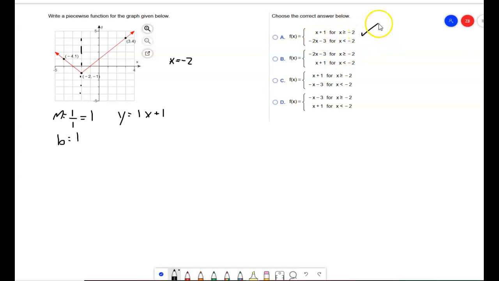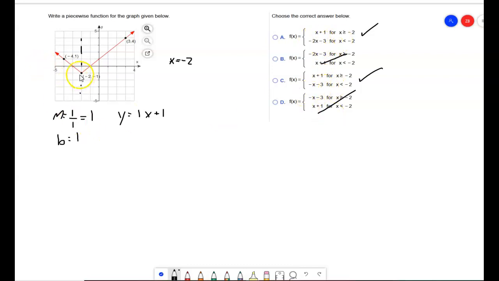So it could be this one. X is greater than -2, that's definitely not it, so I can cancel that one out. X is greater than or equal to -2, x plus 1, could be that one. And the last one, that's definitely not it, because we have a positive slope, so I can cancel that one out. So now I am down to two possible answers. It's either going to be A or it's going to be C.